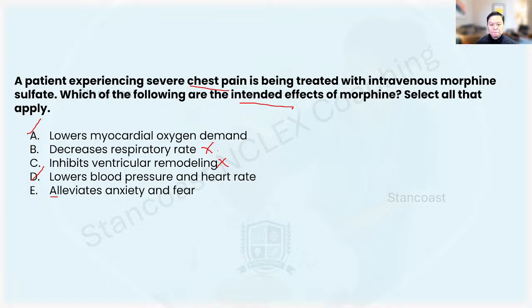So guys, please watch for those words that will make a statement erroneous, or maybe trick you into believing you have the correct answer. You can always look for keywords, let's say intended effects, therapeutic effect. That is just one of the clues that you should be looking out for. Okay, let's move on to the next question.